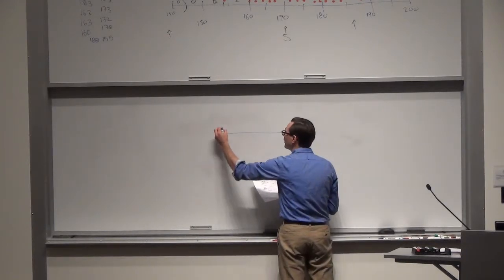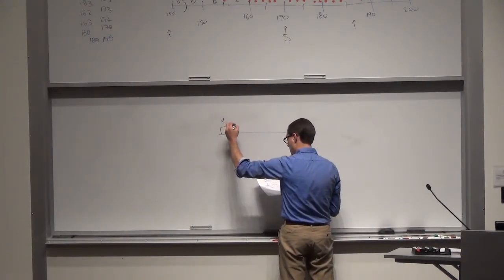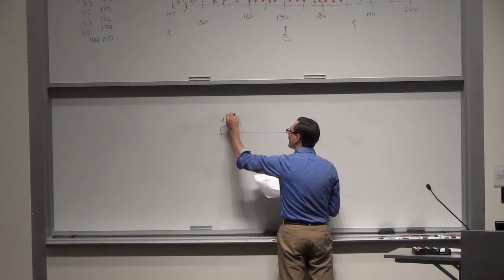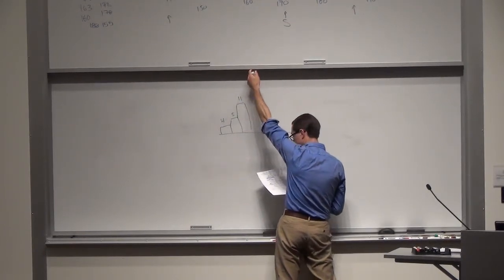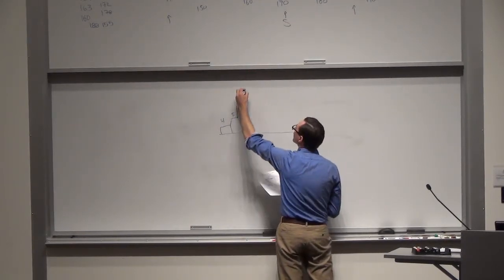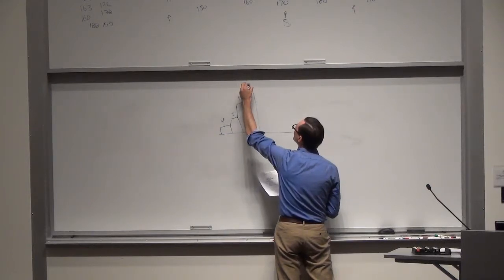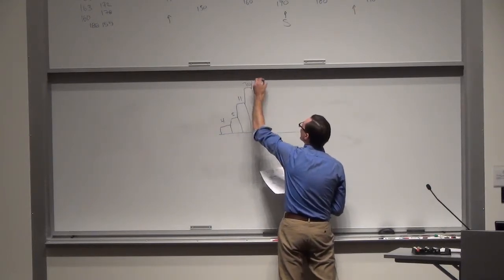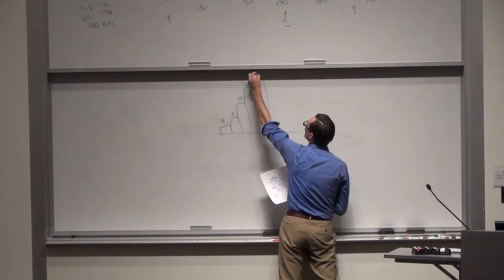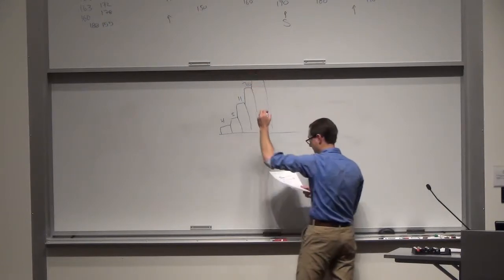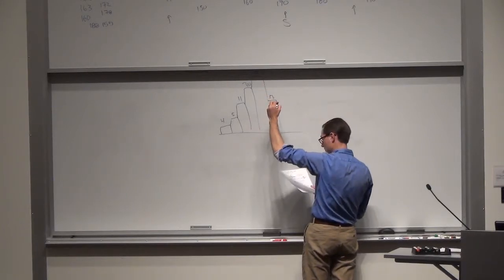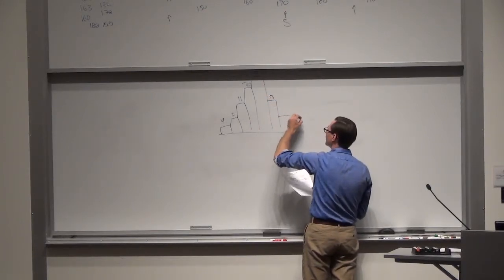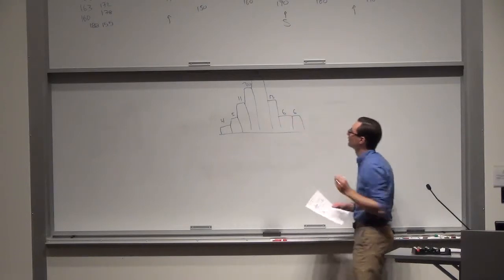So we've got our bar, let's call it 4, call this bar 5, 11, 20, call that 35, 13, 6 and 6.